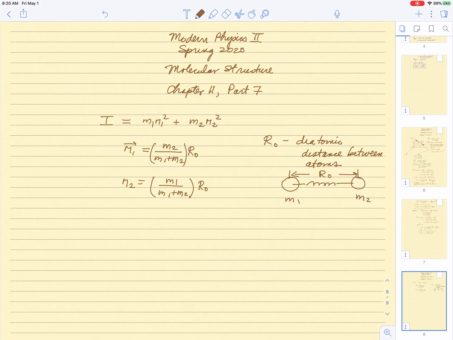And those go back to the previous derivations that we had in the last session, right? So we know that R0 was equal to 1 plus M2 over M1 times R2, and that R0 was 1 plus M1 over M2 times R1.